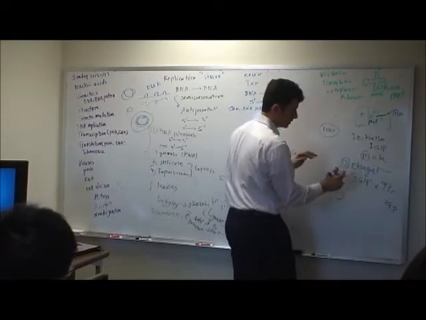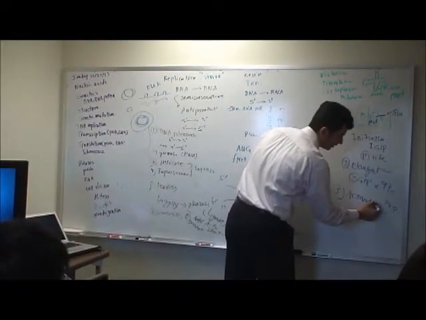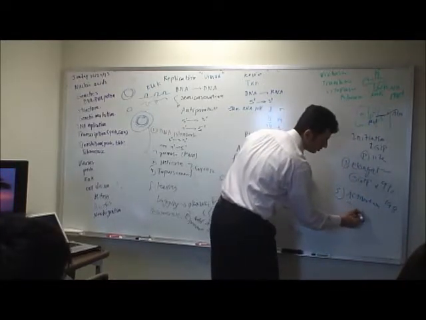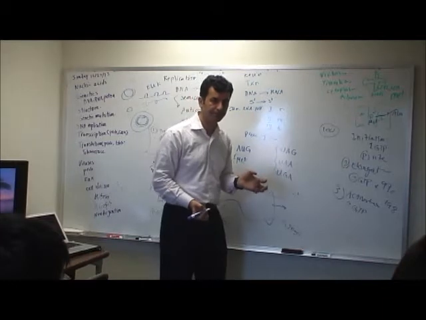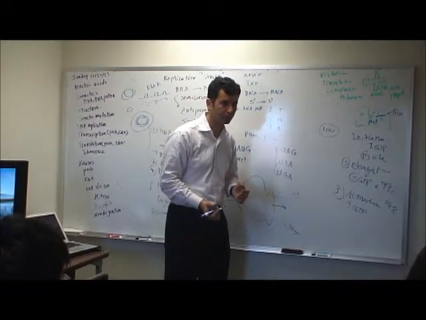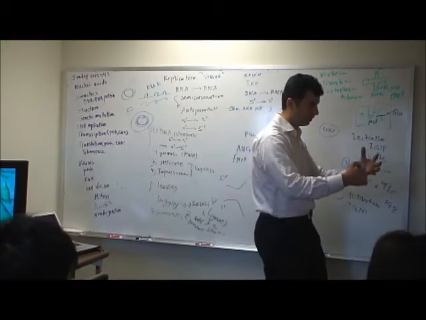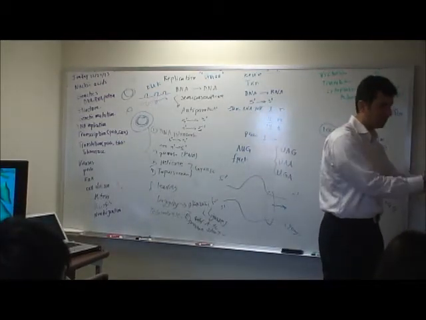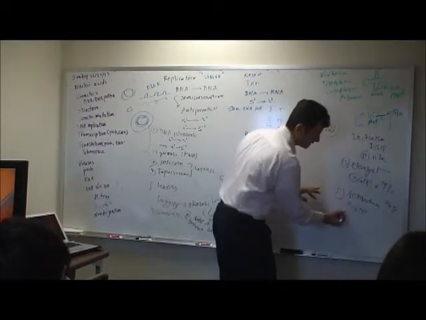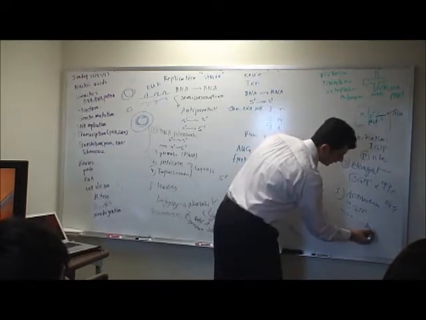That's activation, and activation requires energy, so 2 GTP. If it's a 100 amino acid chain, it'll take 200 GTP. For every amino acid I have to bind, secure and bring it, so 100 times 2, which is 200.